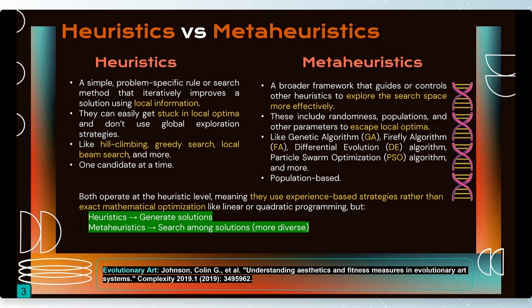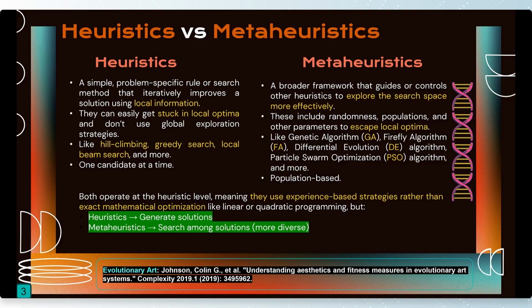Meta-heuristics, on the other hand, are a broader framework that guides or controls other heuristics to explore the search space more effectively, just like the genetic algorithm. These include randomness, population, and other parameters to escape local optima, like the genetic algorithm, Firefly algorithm, differential evolution algorithm, particle swarm optimization algorithm, and more.